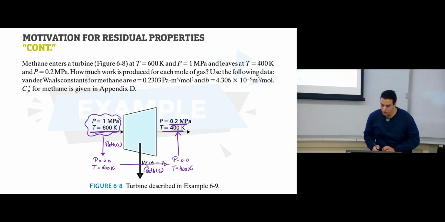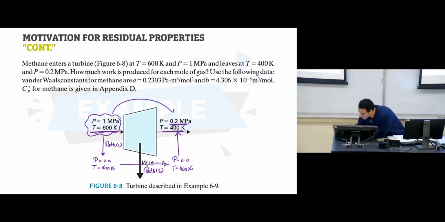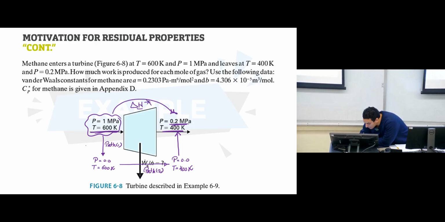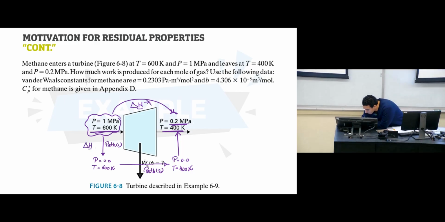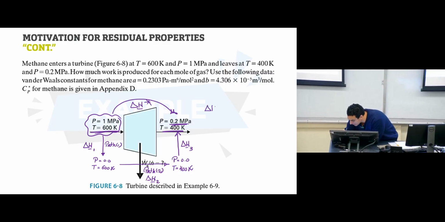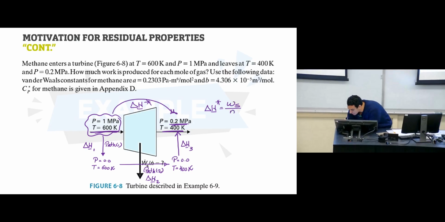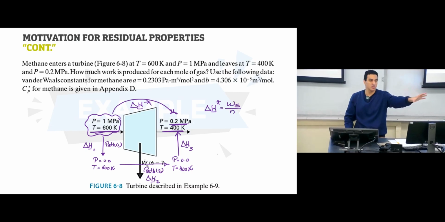So now if you need to find the enthalpy change for this original path, let's call it delta H star, you need to find delta H for path number 1, delta H for path number 2, delta H for path number 3, and then you can say delta H star for the original path is equivalent to shaft work divided by number of moles. This is what we need to calculate.